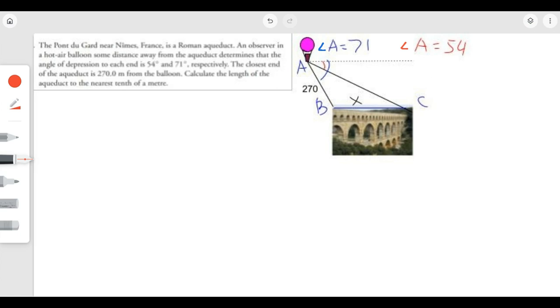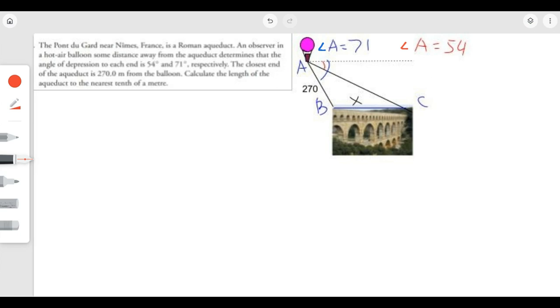So, as you can see on the right, I have created a sketch which represents the context of this word problem. There are two angles of depression between the horizontal and the imaginary line. The angle of depression is the angle between the horizontal and the line of sight when we are looking down from above.